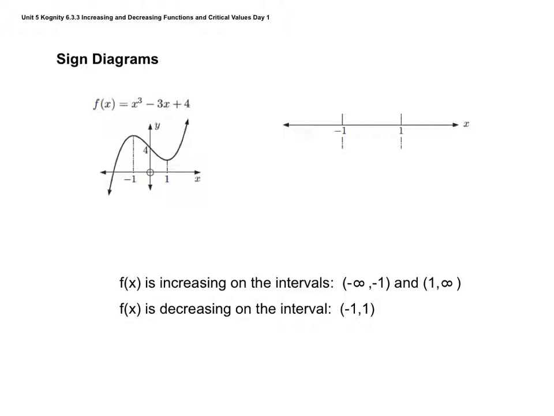You'll notice I've labeled on here that at negative 1 we reach a max point, and at 1 we reach a minimum point. We can tell just by looking that on the interval from negative infinity to negative 1, and from 1 to infinity, we're increasing. On the interval from negative 1 to 1, we're decreasing.